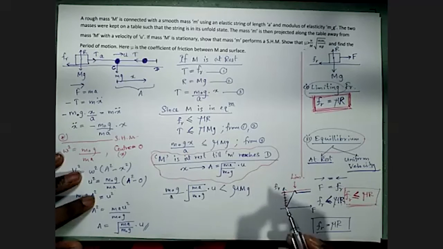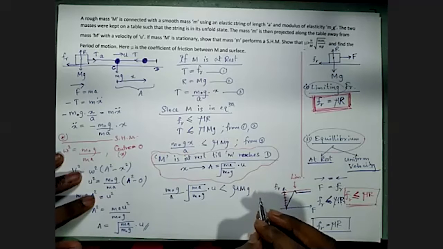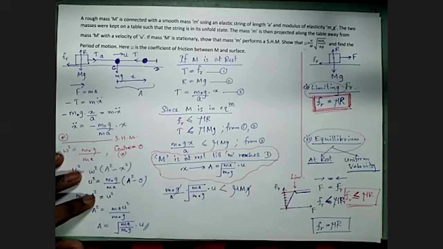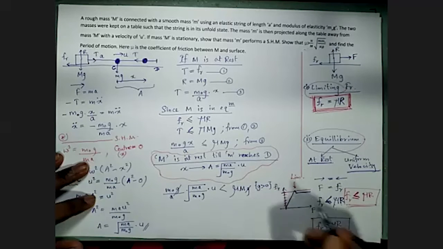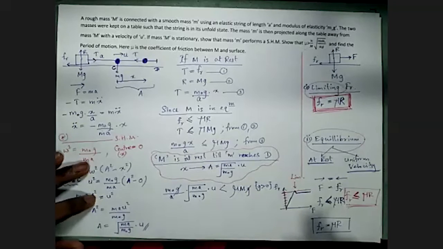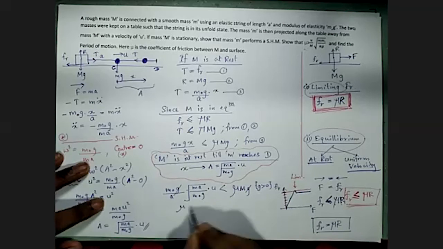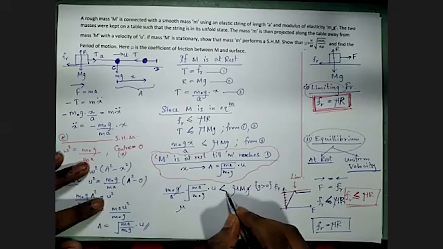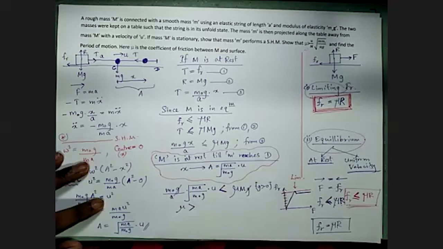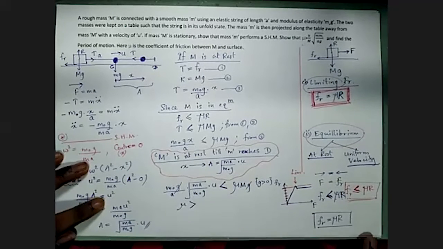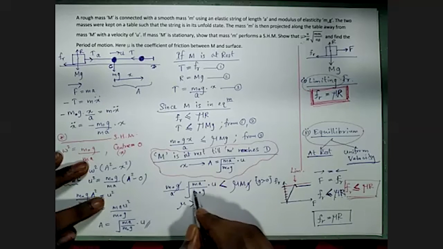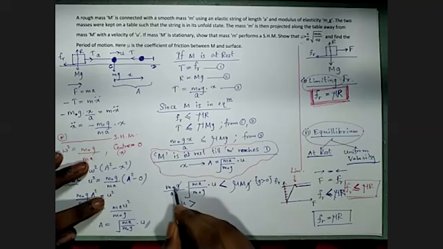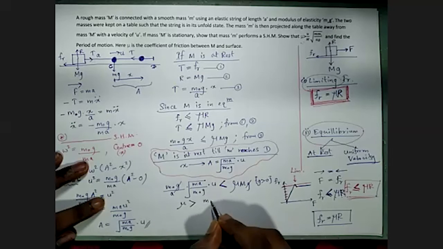Now I can simplify. g can be cancelled. To do that, we should know g is positive. Yes, gravitational acceleration is positive. And what else can I simplify? I can write mu on the left, then this is the correct direction of the inequality sign. On this side we had m naught that got cancelled. This square root m naught gets cancelled with one m naught in the numerator.